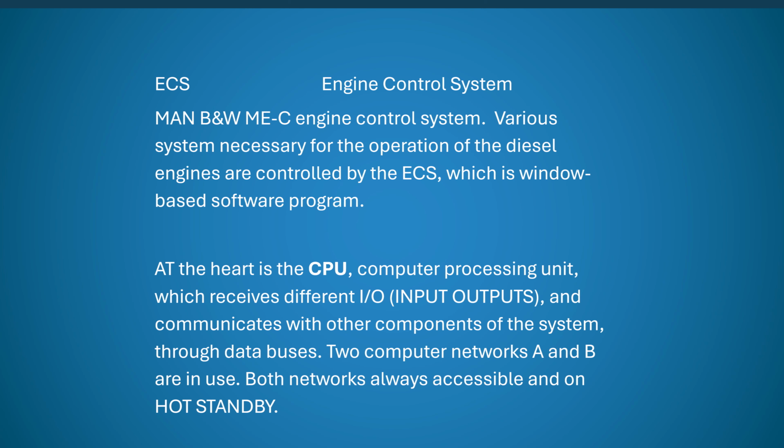It receives different input-output signals and communicates with other components of the system through data buses. Two computer networks are used, both always accessible, and this is called always on hot standby. Actually, many cables you find in the system are not electrical, not carrying current; they're carrying data.